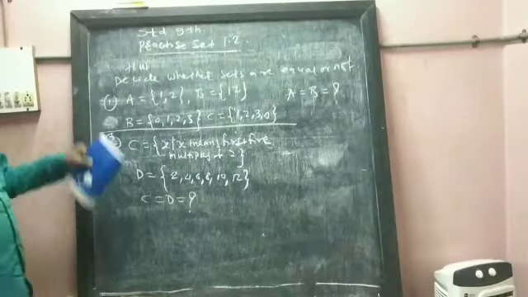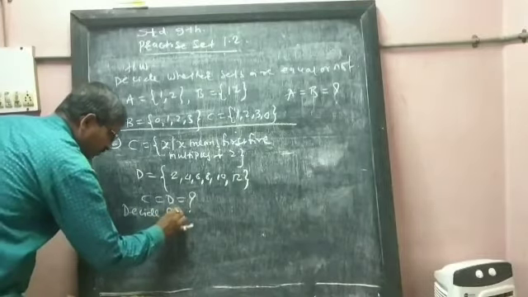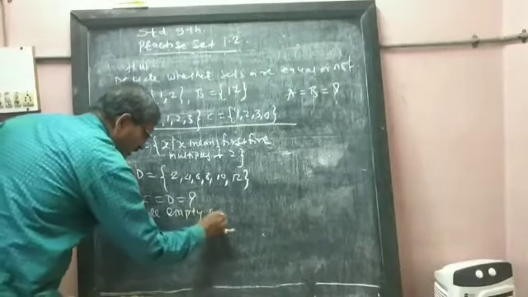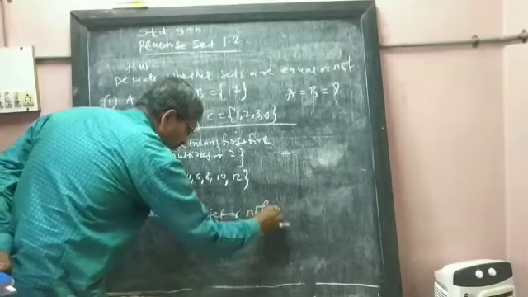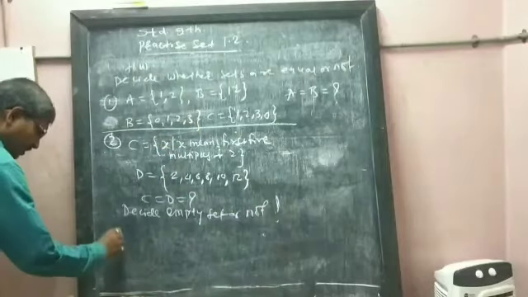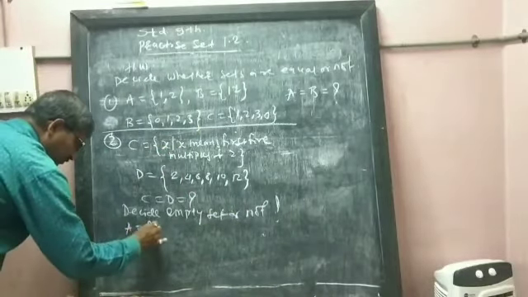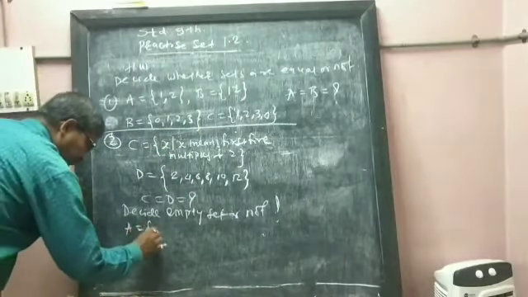Okay, this is homework. Decide whether the set is empty or not. A is equal to a boy with 10 legs.